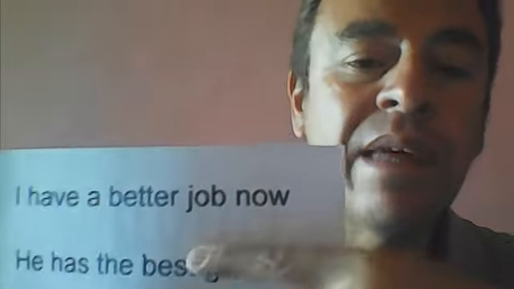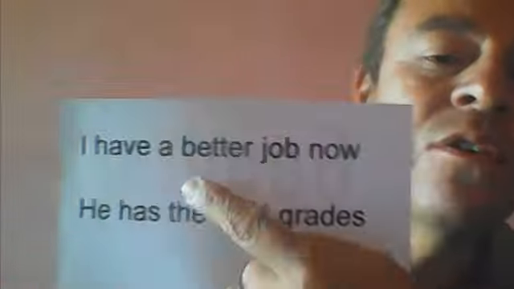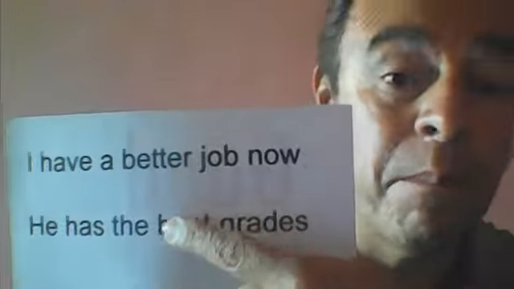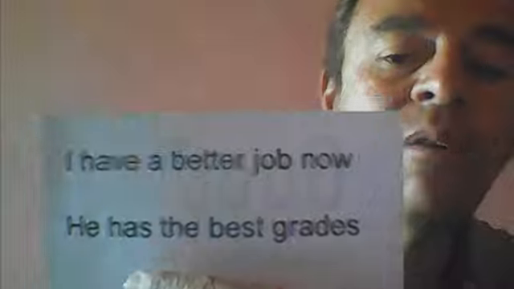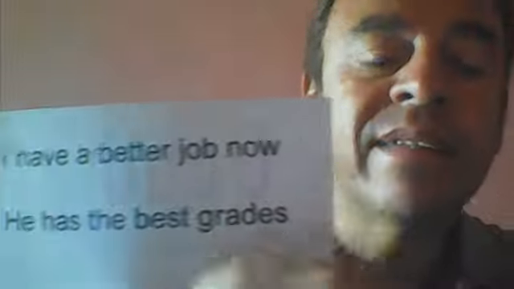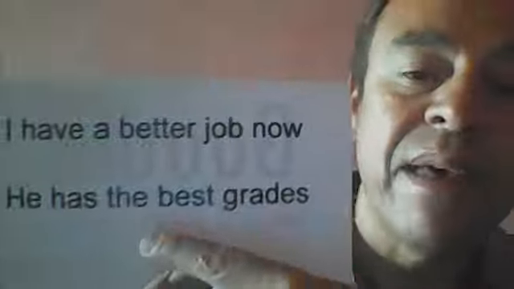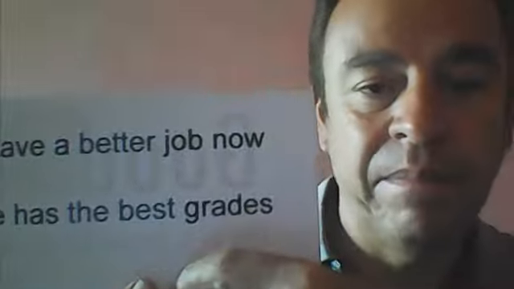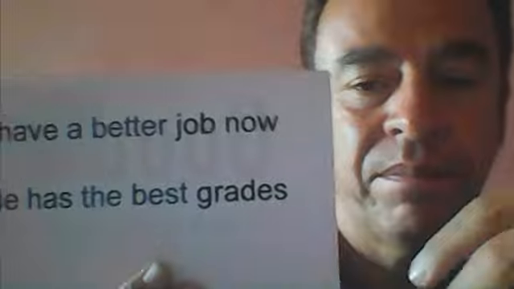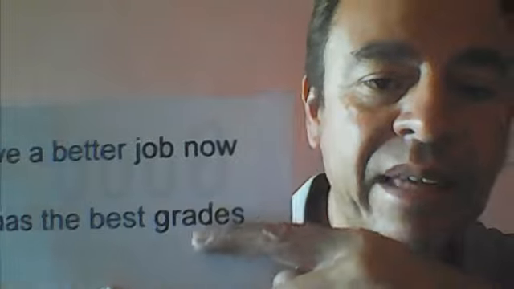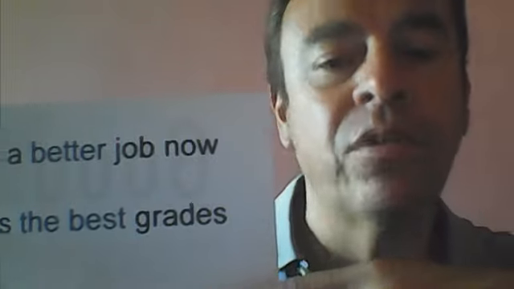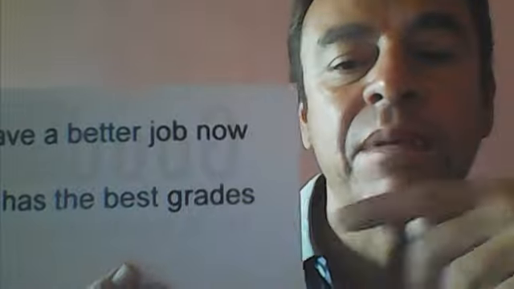This dog is better than that dog. So you use better to compare. Now, the best is the superlative. He has the best grades of all the students. He is the best soccer player in the world. This is the best TV show.